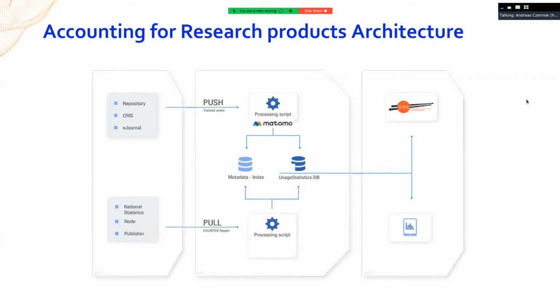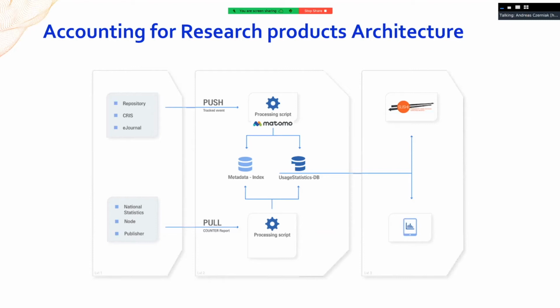In detail, here's an overview of the push and pull components. We see on the left side the repositories or national aggregators. Mostly a repository could send a live event to our analytics system. This is based on the open source version of Matomo.